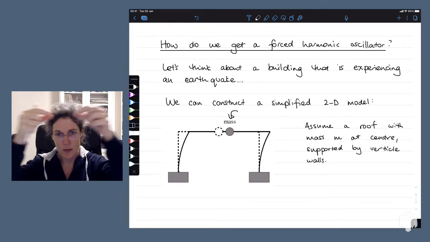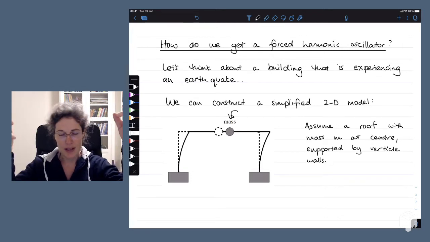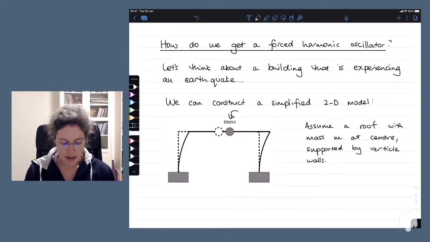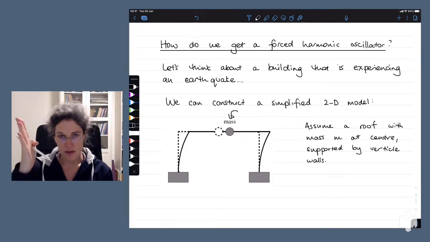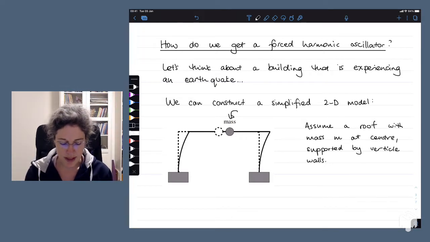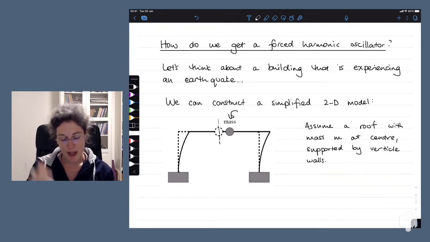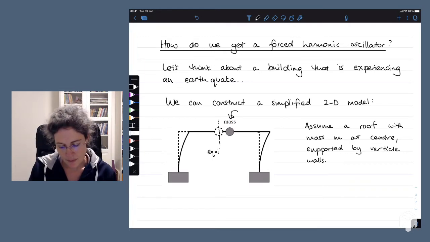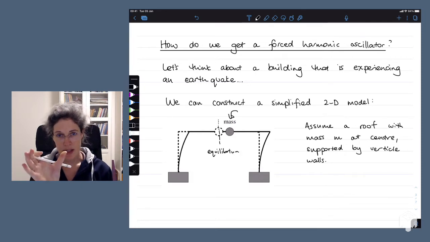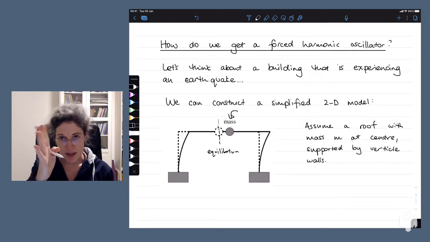So we've got our roof that has its mass concentrated at the center, and that's supported by two vertical walls, one on either side. And if we think about this, we've got an equilibrium position where our building would be if nothing happened, but then if the ground judders or anything like that, then the building might tilt from either side.